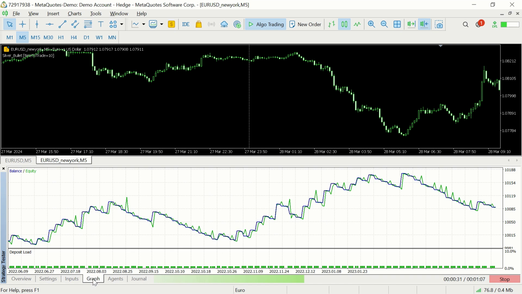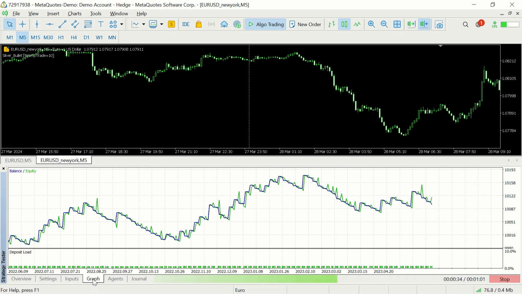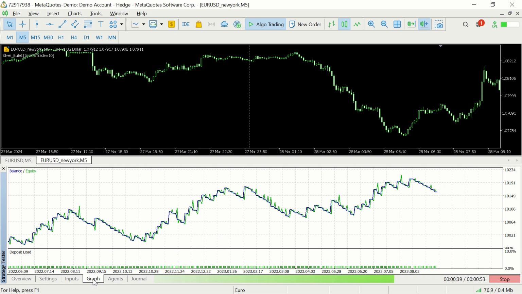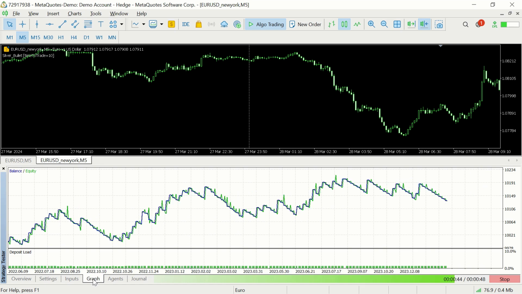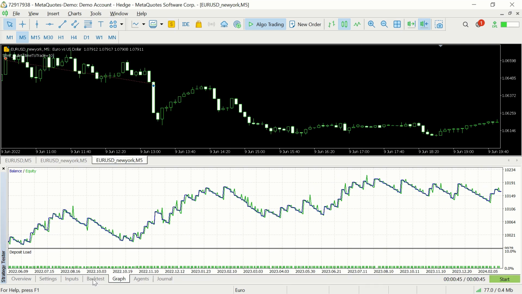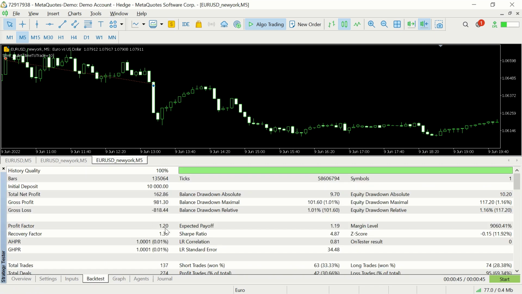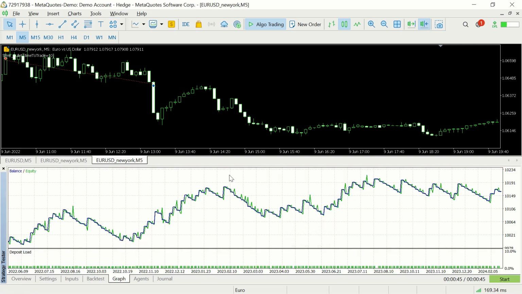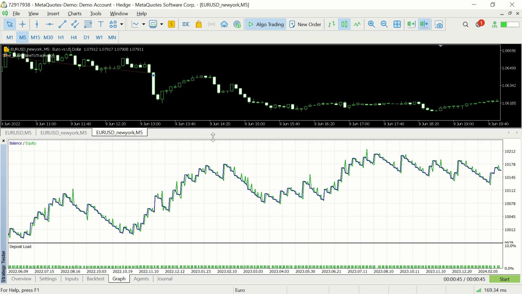So let's just wait for the results. So as you can see, between that period that we have tested, seems profitable, profit factor of 1.2, and the curve is not bad. But that does not tell the whole story about the EA.